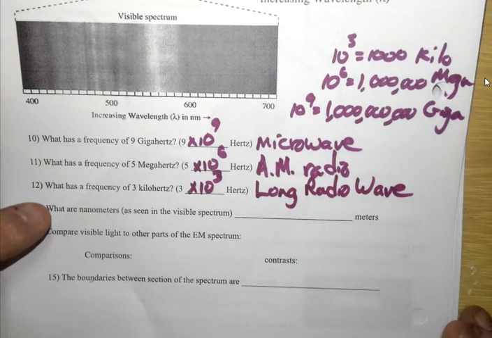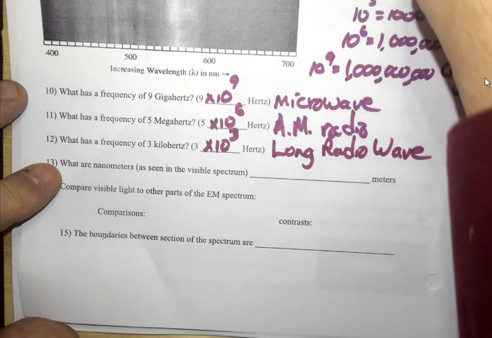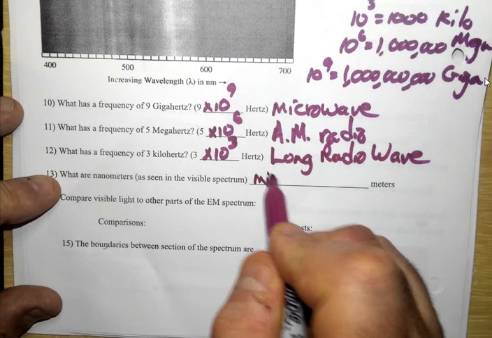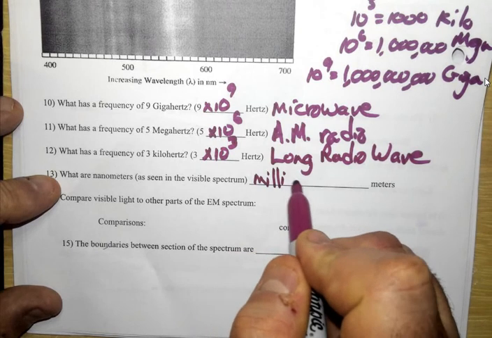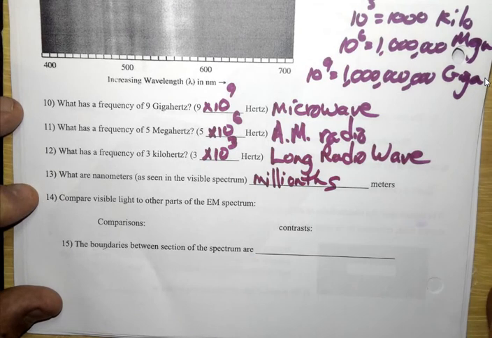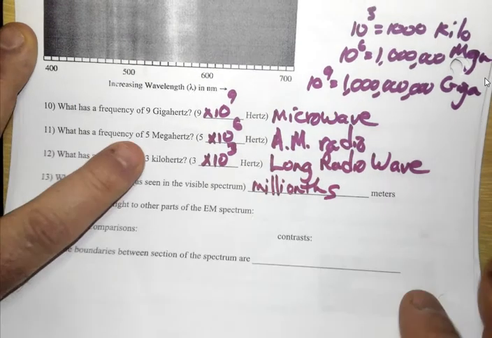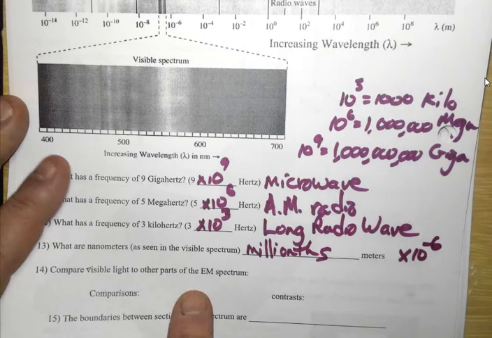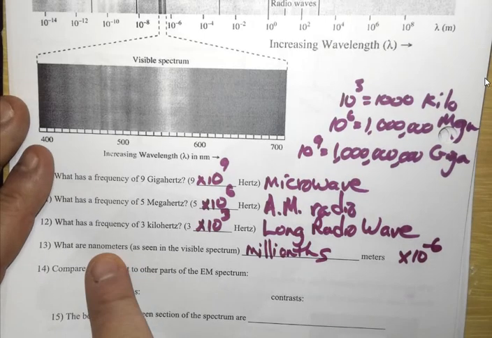I'm not sure. What are nanometers? Nanometers are billionths. That's going to be times 10 to the negative 9. Now this is nanometers. That's a length.